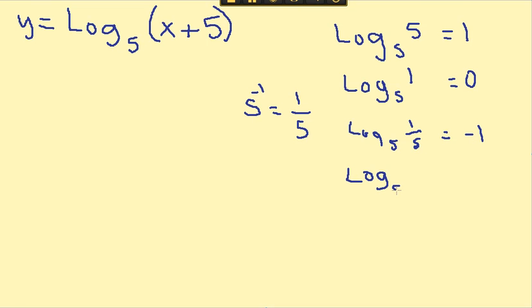Log base 5, watch this, the reciprocal, and then squared. I'm going to write that as 5 squared. Isn't that 25? So that's really 1 over 25. That's going to be 5 to the negative 2 power is equal to 1 over 5 squared, which would be 25. So this one is negative 2.